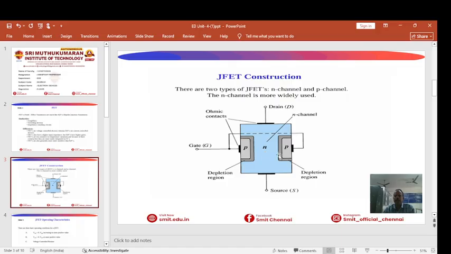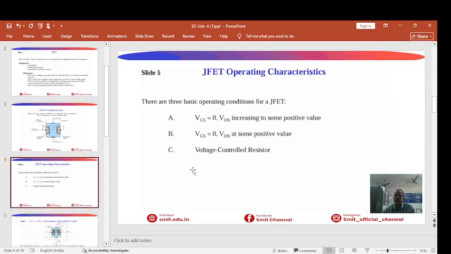By varying the depletion region, we can vary the characteristics. By applying the bias, we can vary the depletion region thickness, and by varying the thickness, we can vary the voltage as well as the current.